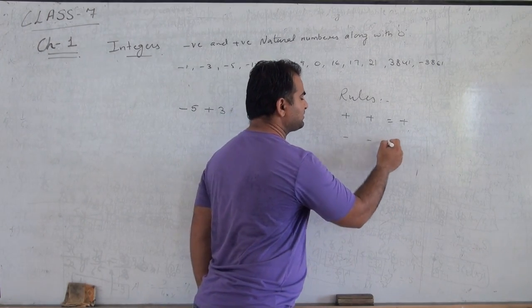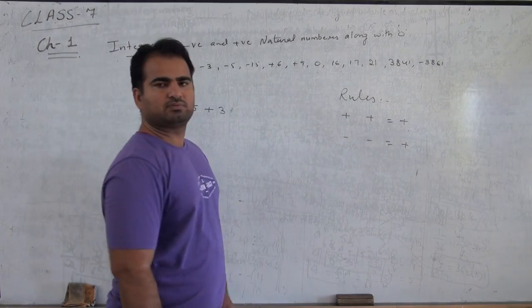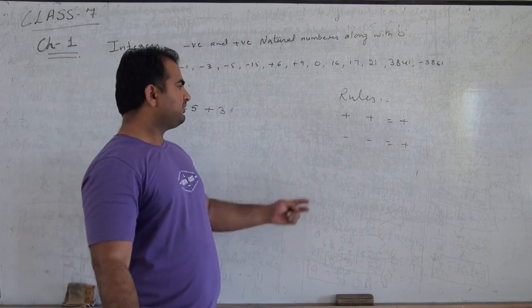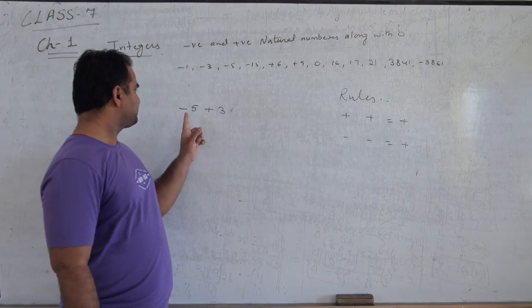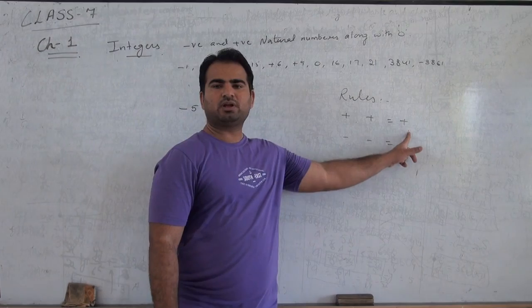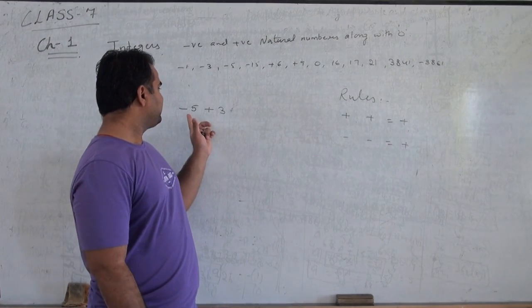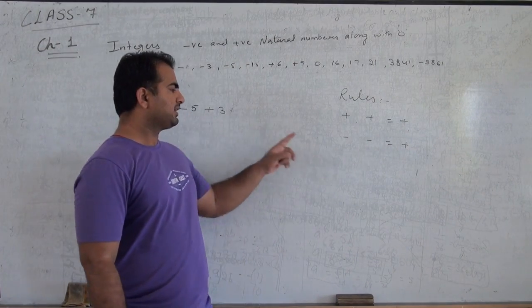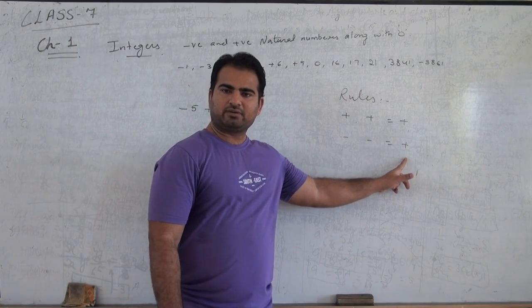Both negative signs are also added and give a negative number. So if 5 is positive and 3 is also positive, then we have to add. If 5 is negative and 3 is also negative, then we have to again add.